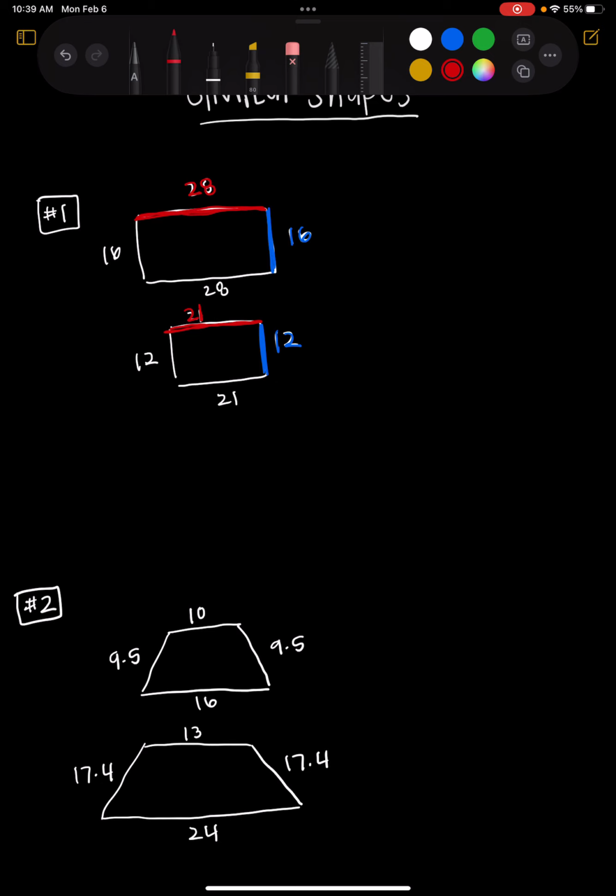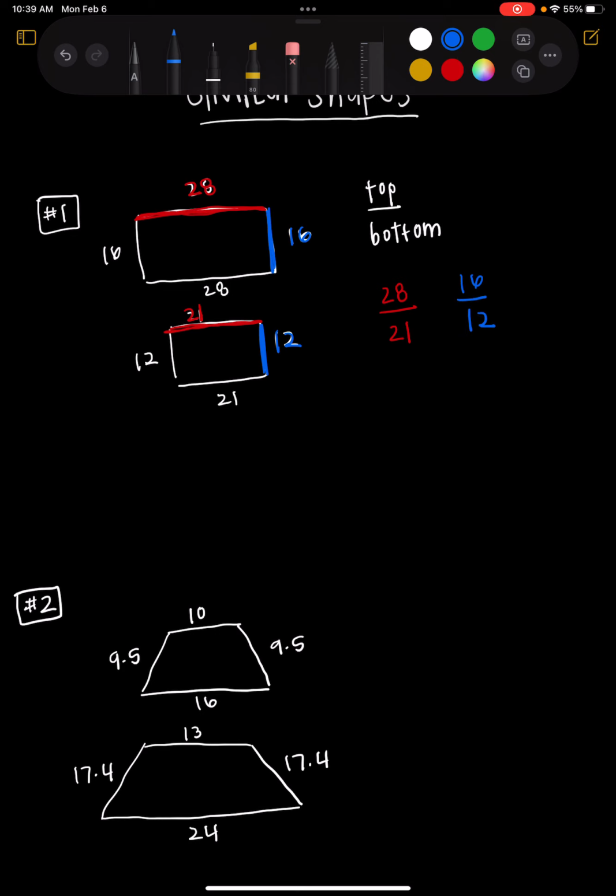It doesn't matter as long as you remember what you're doing. So I'm going to say it's got to be the top shape over the bottom shape. All right, so my red fraction would be 28, because that's the top shape, over 21, because that's the bottom shape. And then my blue fraction would be 16 over 12.